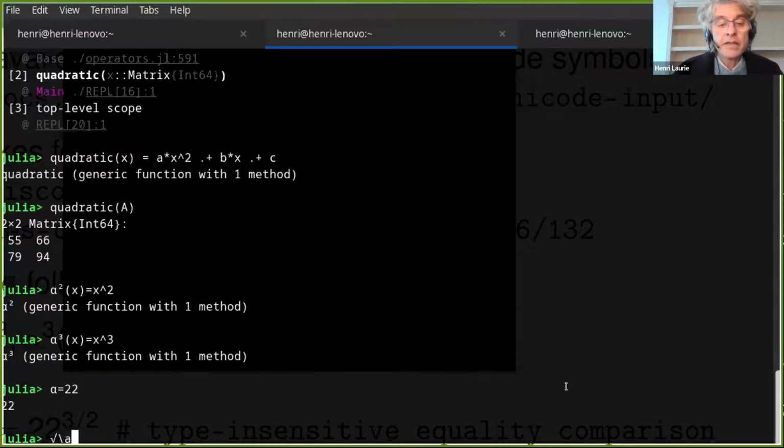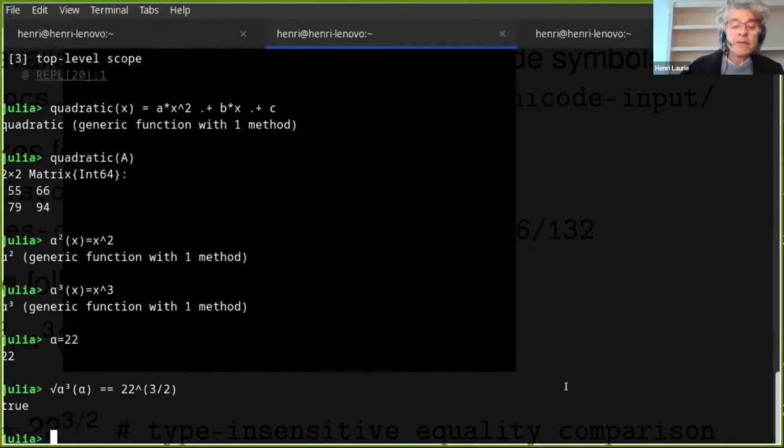And I now say alpha and superscript 3. And there's my function name, and I now put alpha in there. That's the value of the argument. And I want to test whether that's equal to 22 to the power 3/2. The double equal mark is equality testing that is type insensitive, and it comes up as true.